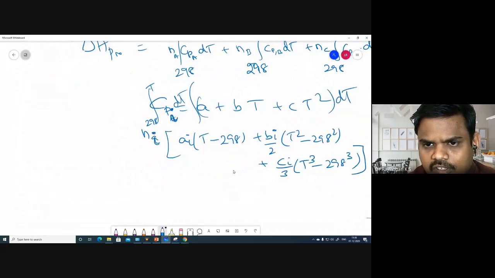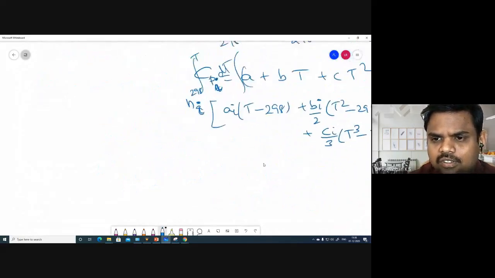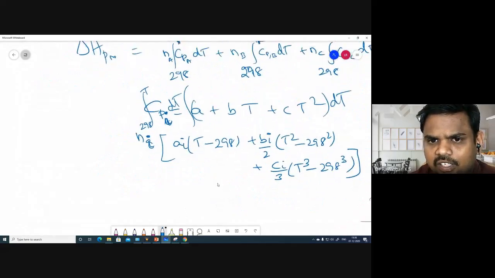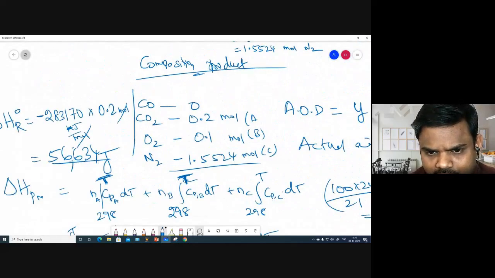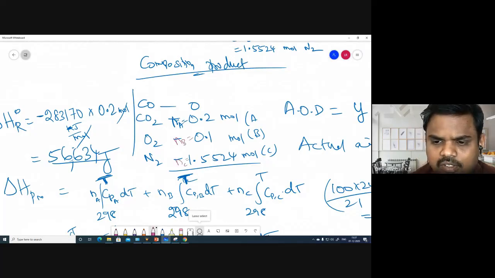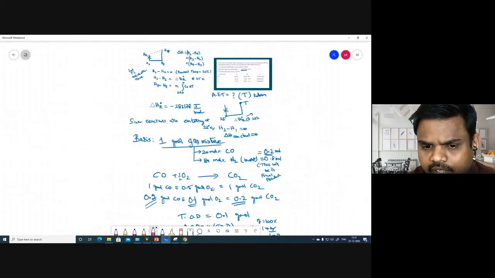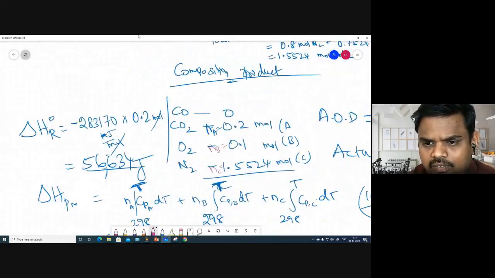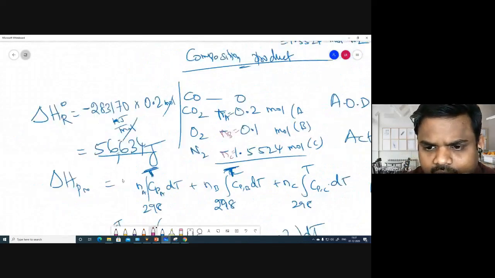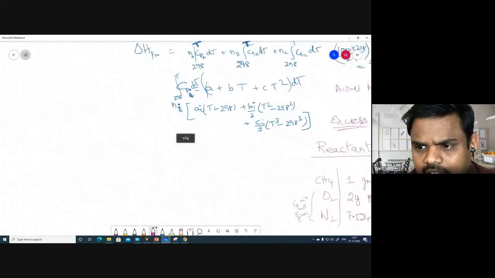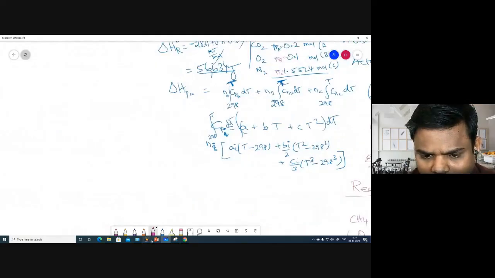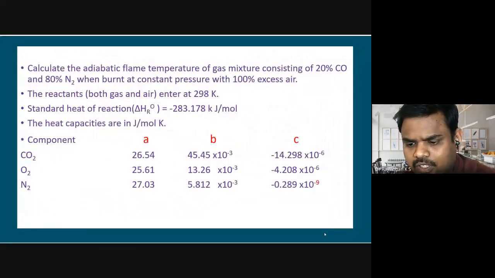It's simple integration only. If you perform the integration, we have Na, Nb, Nc values from the product composition. So this is your Na value, this is your Nb value, this is your Nc value. Okay, for each component the A, B, C values are given, so with the ABC values given, we should be able to calculate. Okay, how are the ABC values given? So here the ABC values are given.